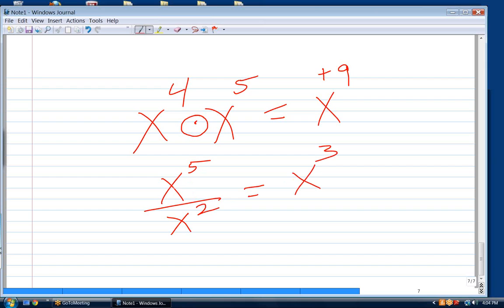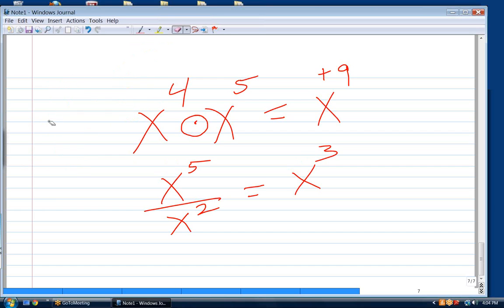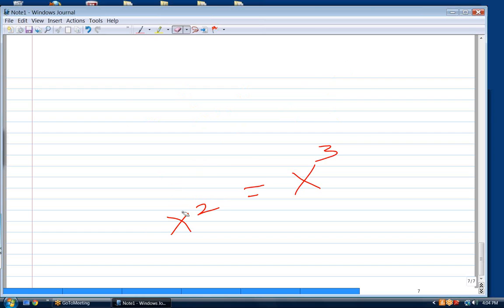In other words, as long as it's x and not a different variable y, we can do that. I can say 3 to the 4th divided by 3 squared equals 3 squared, just by subtracting the two exponents. I cannot say anything about 4 to the 3rd divided by 2 to the 7th. This is not the same base, it's not the same exponent. So if it's not the same base and same exponent, you can't do much with it. But if it's either, you can.